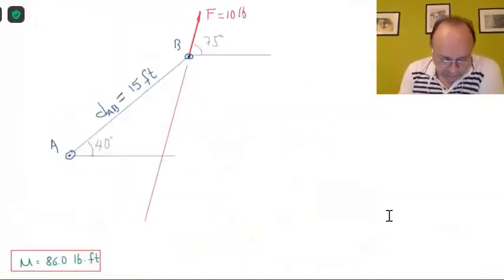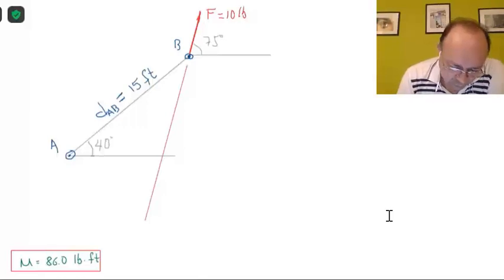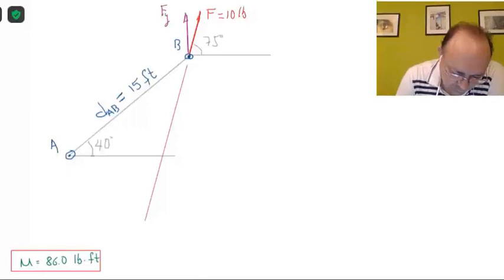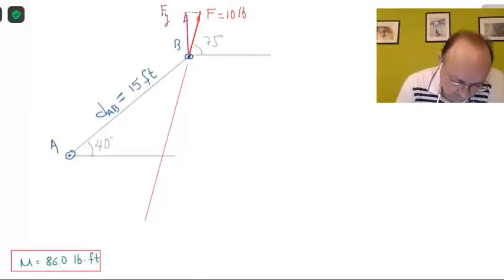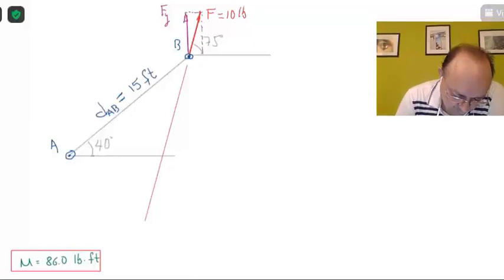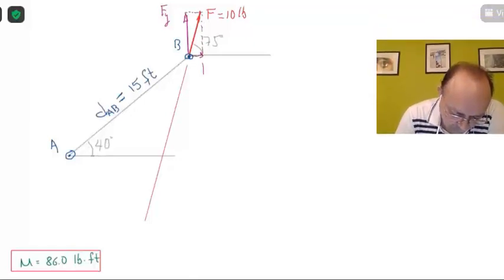Okay, we have the same initial problem again, but now I am going to get the composition of the force in these two new components, vertical, let's call it Fy, and horizontal, Fx.